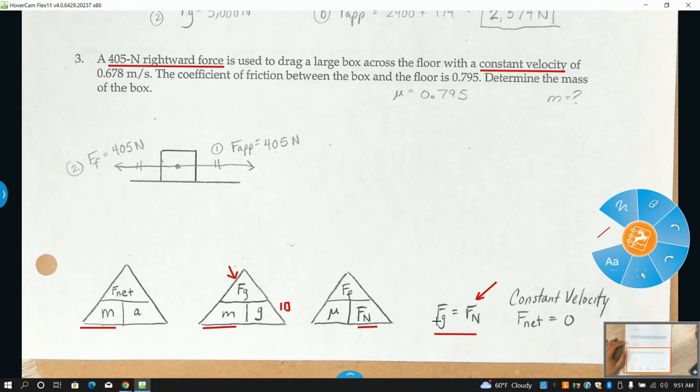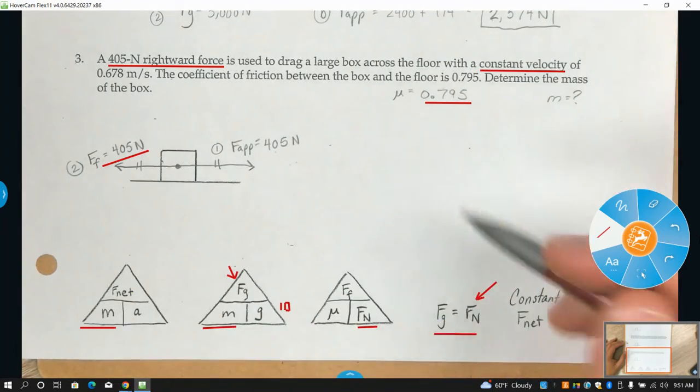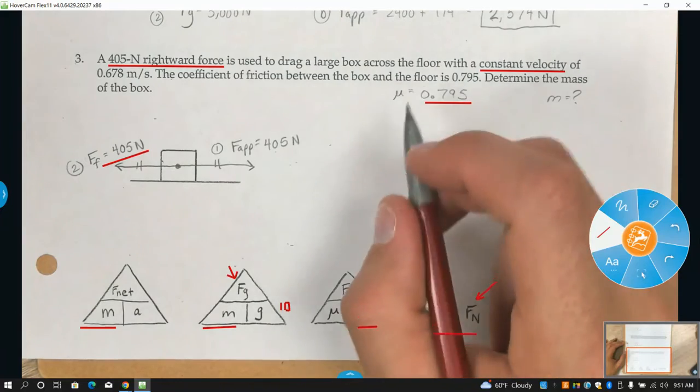Well, Fn is equal to, yes, Fg, but we don't have that yet, so we can't say they're both equal to nothing. We just figured out the friction force. Very good. Okay, so you're given the coefficient, and we basically figured the friction force has got to be this because everything had to have been balanced.